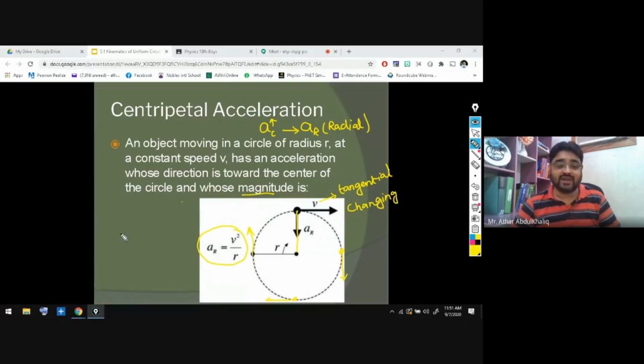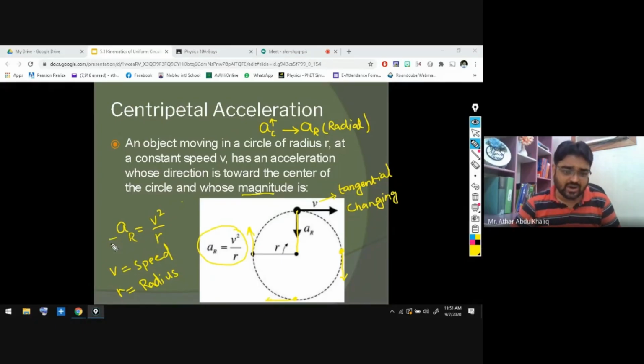So whenever I ask you to find centripetal acceleration's value, you can say AR equals v squared over r, where v is the speed of the object and r is the radius of the circle around which the object is moving. You can use AR or AC.